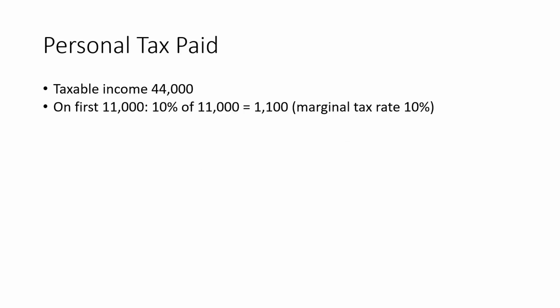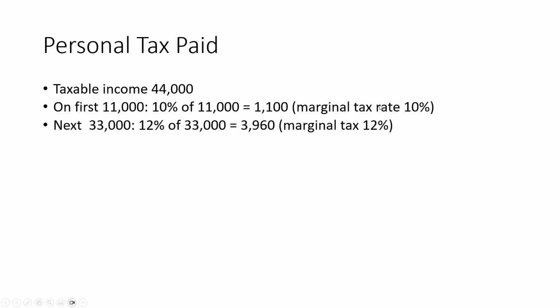On the first 11,000, they'll pay a tax rate of 10%, or $1,100. The 10% is called the marginal tax rate. Between 11,000 and 44,000, that is the next $33,000, they'll pay a tax rate of 12%. So 12% of 33,000 is 3,960. So this is a marginal tax rate of 12%.